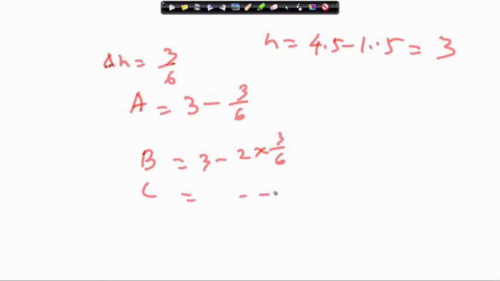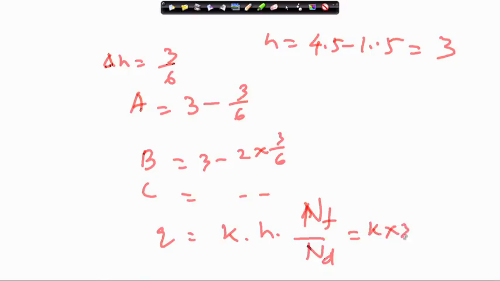Similarly, at C you can find out, and also at point D. And Q will be equal to K into H into Nf by Nd. K is given, and H is 3. So K into 3 into Nf, which is 3 again, and Nd equal to 6. By doing this calculation one can find out how much water is passing through this structure.